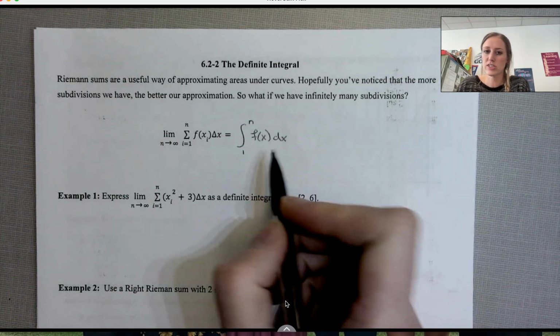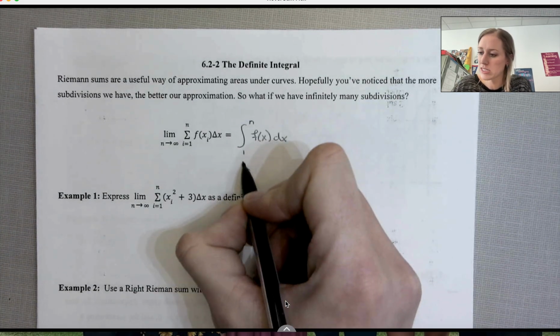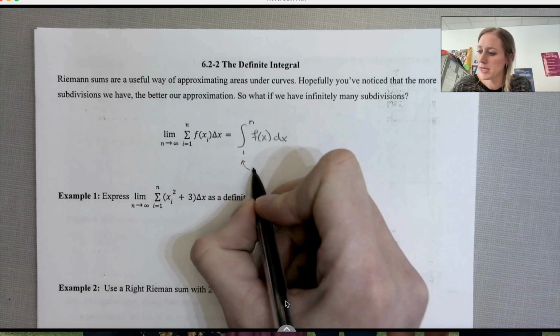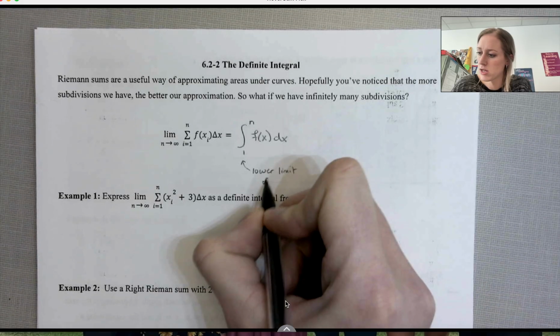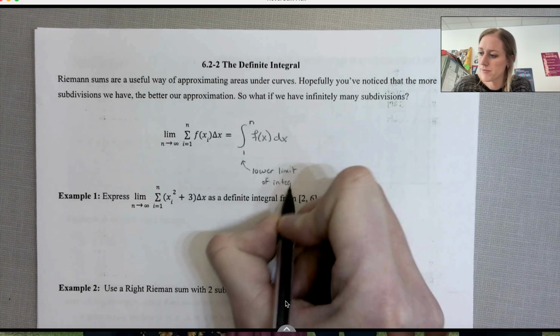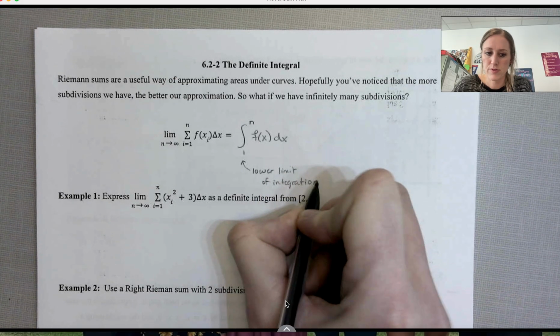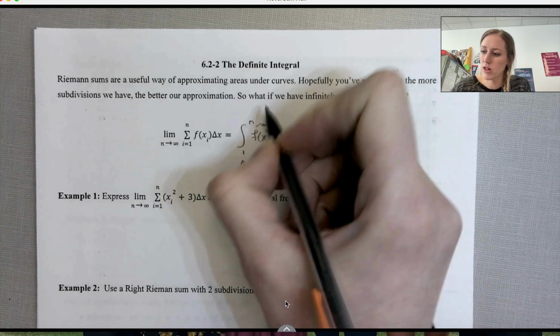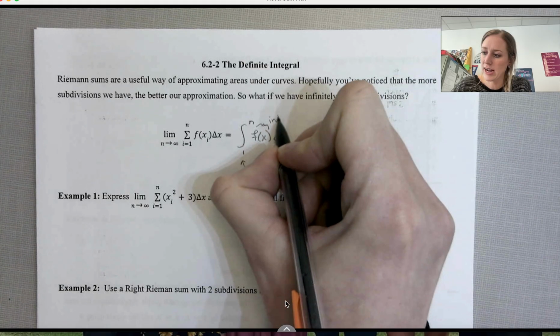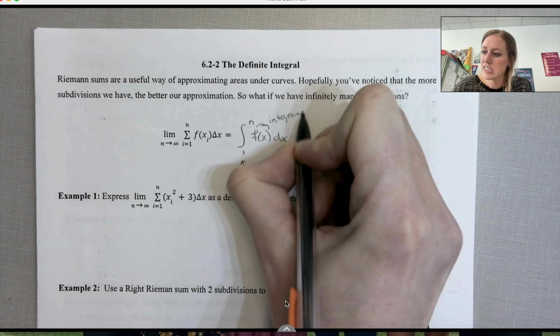And so I'm going to just label these different parts. So this value here is our lower limit of integration. Whatever function we are taking the integral of, that is called the integrand. Dx could be different.